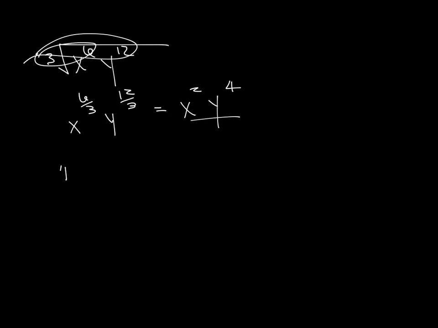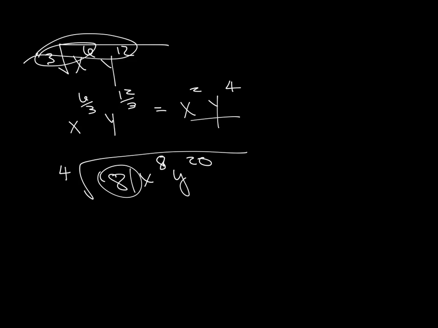Alright, so let's say we have the 4th root of 81 x to the 8th y to the 20th. Then we divide. First of all, we take the 4th root of 81. 3 times 3 is 9, times 3 is 27, times 3 is 81. So 3. You just have to know those.